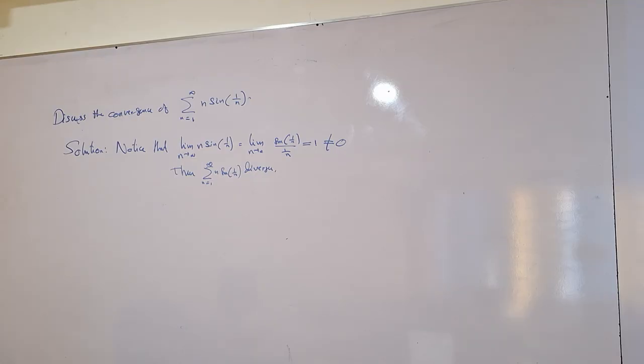Here it is targeting the basics rigorously. You said zero test, but you didn't apply the zero test. This is the zero test: if the limit is not zero, the series is divergent.